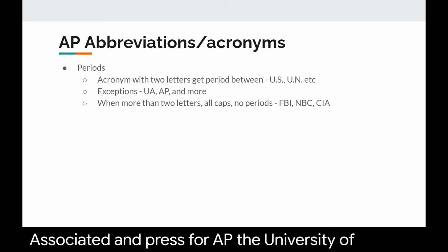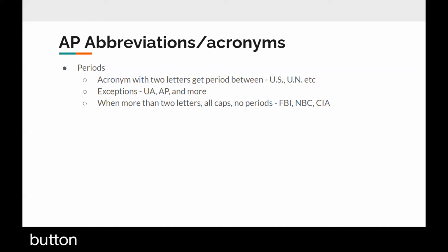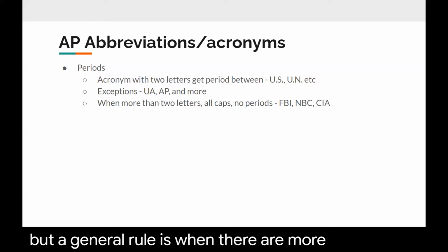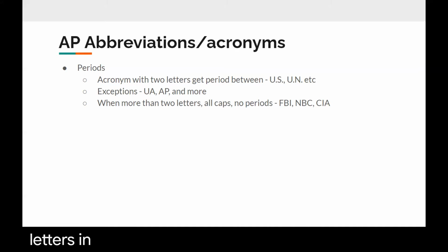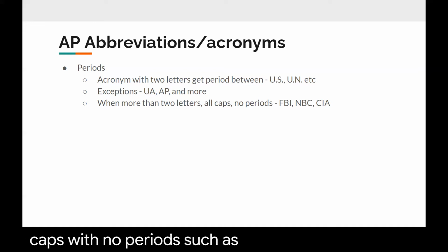The University of Alabama and other colleges also do not tend to use the period between the letters, but you need to go with the organizational guidelines on that. But a general rule is when there are more than 2 letters in an acronym, you're going to write it in all caps with no periods, such as FBI, NBC, or CIA.